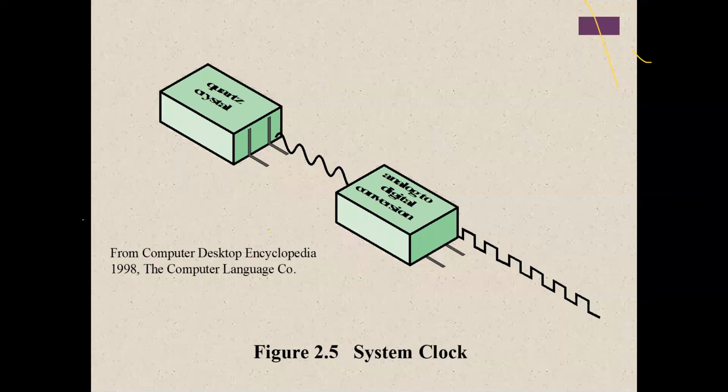So for example, a 1 gigahertz processor receives 1 billion pulses per second. And so the rate of pulses is known as the clock rate, or clock tick, or clock speed. This is how the execution or the operations of the computer are done within each cycle.